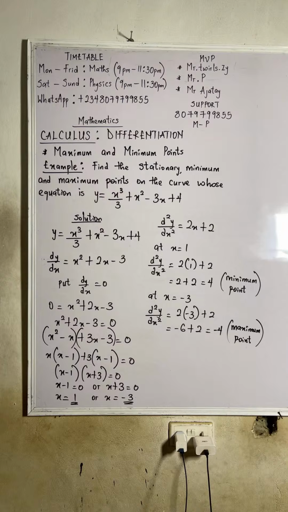So now, let's try to get the maximum and minimum value. I told you there's a difference between maximum and minimum point, and maximum and minimum value.